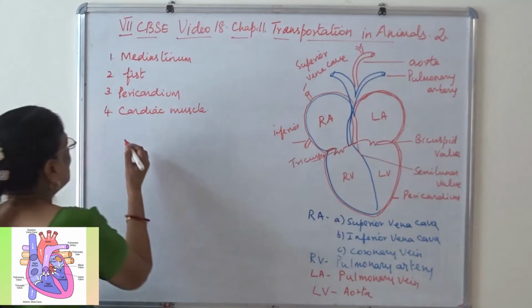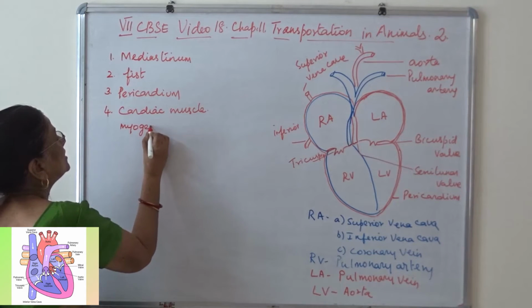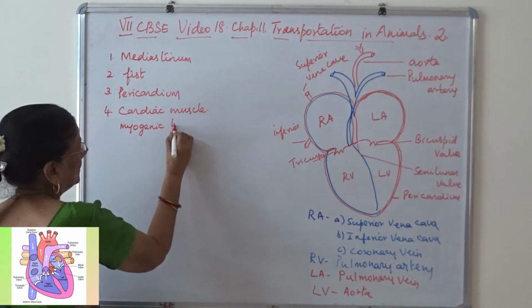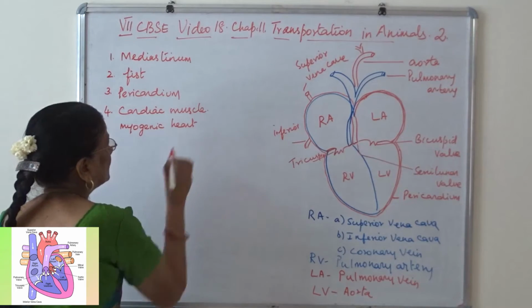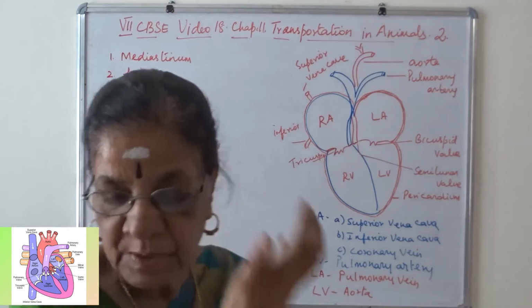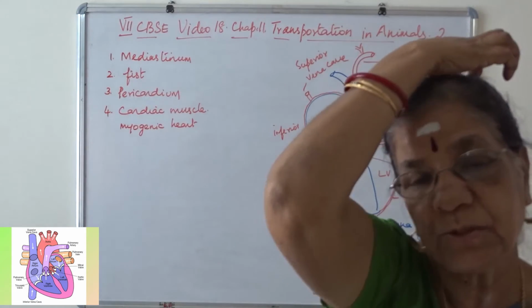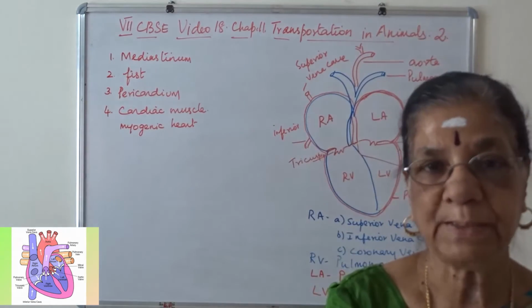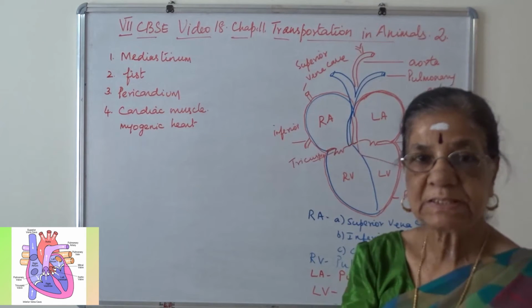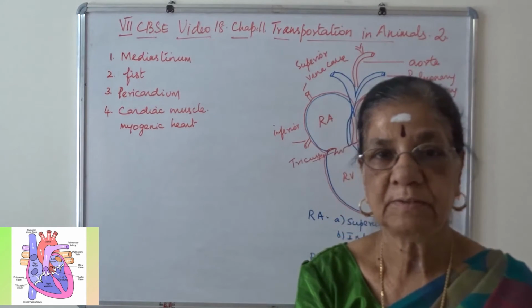In humans, it is called a myogenic heart due to the presence of this cardiac muscle. Myo refers to muscle fiber. I hope you are listening. So it is referring to cardiac muscle, myogenic heart.